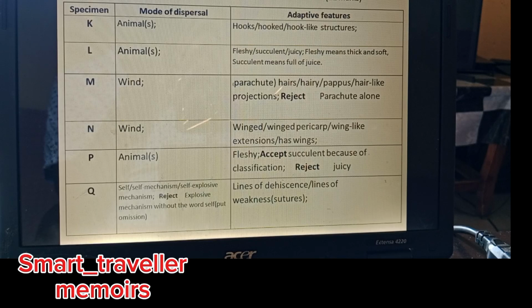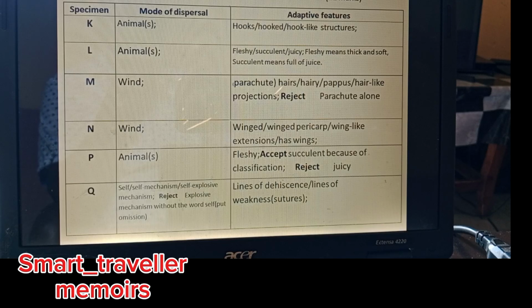Adaptive features, winged, winged pericarp, wing-like extension, has wings. Any of those answers. P, animals or animal. It is fleshy. Accept succulent because of classification. Reject juicy.